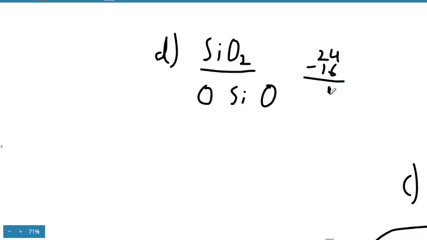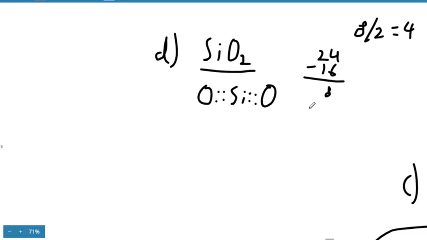So we get 8 shared electrons from this. 8 divided by 2 is 4 bonds. And there are only 2 spaces here, so that means there will have to be 2 bonds per space.